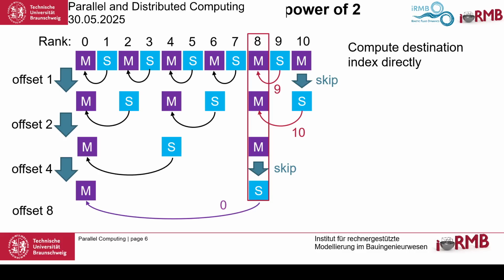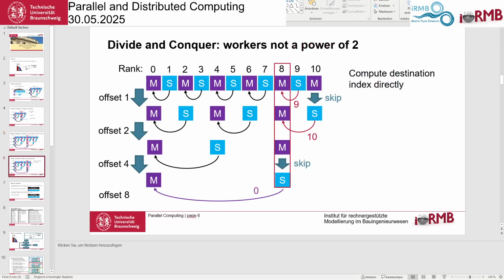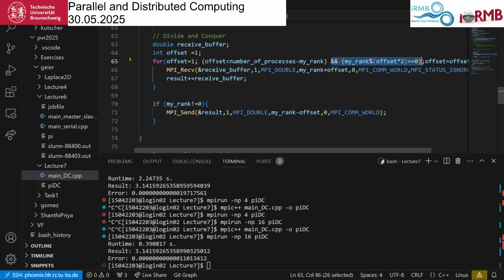One important question is, does it work when not a power of 2? Potentially this also works when not a power of 2, because we have already included the cutoff.